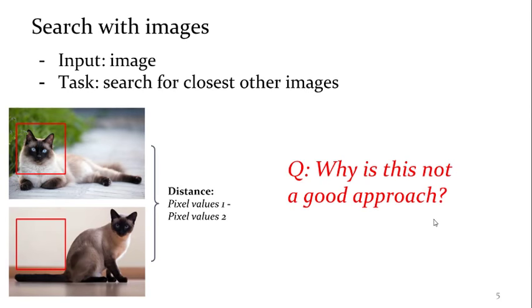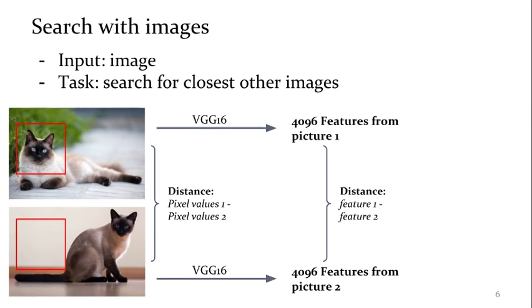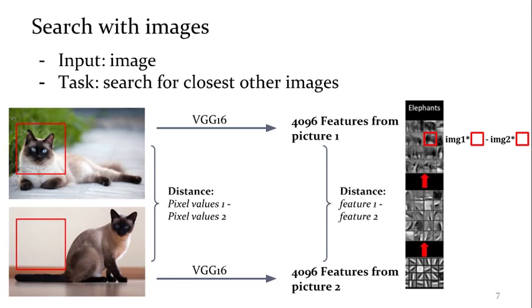So what we do instead is we used VGG16 last time, we encoded the images into features, and if we compare inside this feature space, inside these 4,000 numbers, what we are comparing are high-level concepts. If you remember this illustrative image, we are comparing how much this neuron or this part of the image is firing in this image versus in this image.